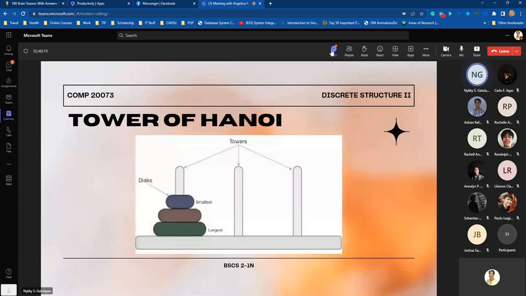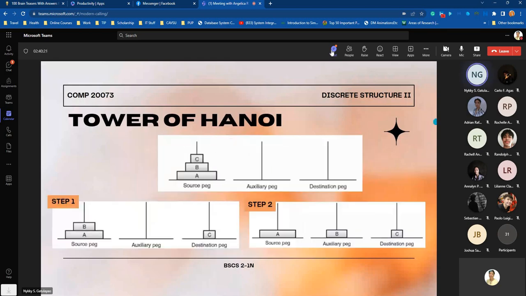How it works. There can be a number of disks on the source peg. Let's trace the problem for n equals 3 disks. Let h sub n denote the number of moves needed to solve the Tower of Hanoi puzzle with n disks. The trace of the solution is: Step 1. Move disk C from the source peg to the destination peg. Step 2. Move disk B from the source peg to the auxiliary peg. Step 3.